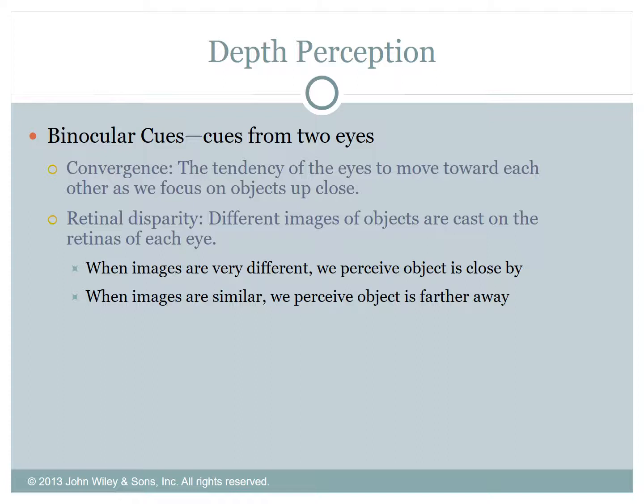3D movies use retinal disparity in order to give you the illusion that objects are coming closer. By casting two simultaneous frames, the closer the object is, the more disparity there is between those frames. And because the glasses filter out half of that image from each of your eyes, each eye is only receiving one of those partial frames, causing your eyes to perceive that image as getting much closer.